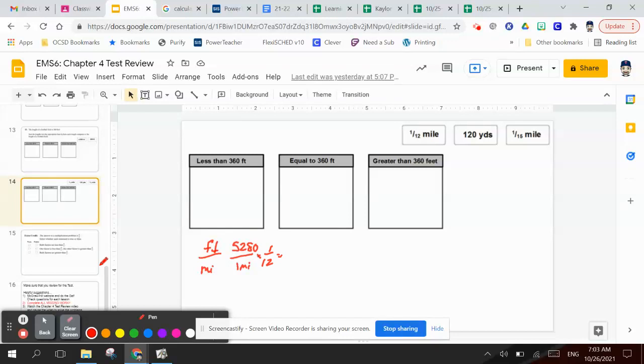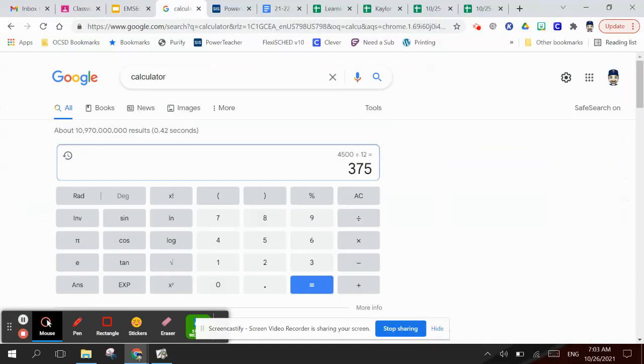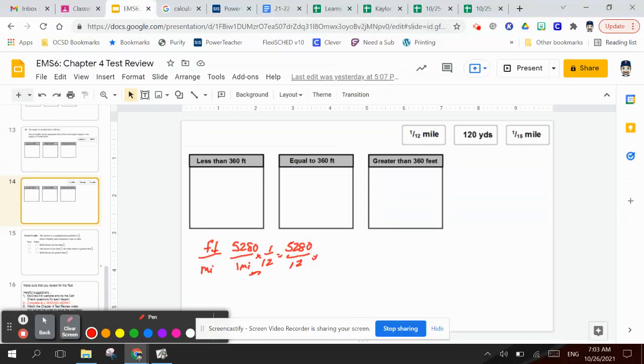So when I multiply those, 1 times 5,280 is 5,280. 1 times 12 is 12. So I have to divide that, 5,280. 5,280 divided by 12 is 440.